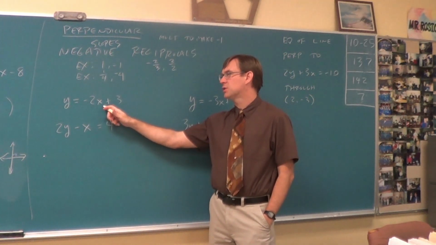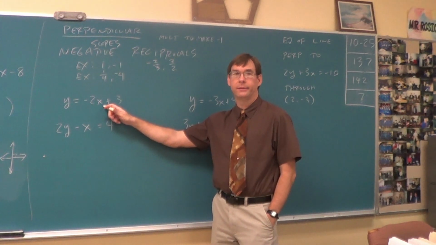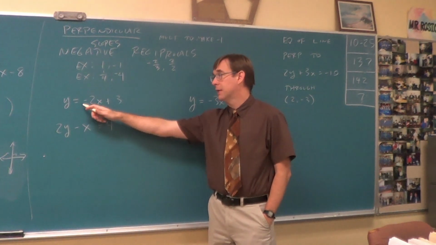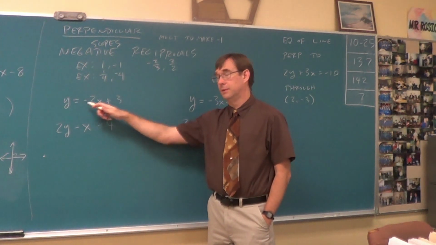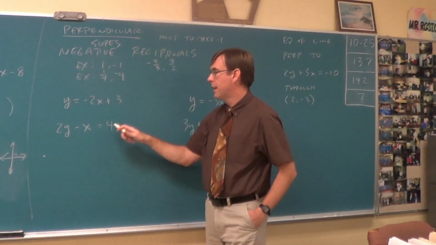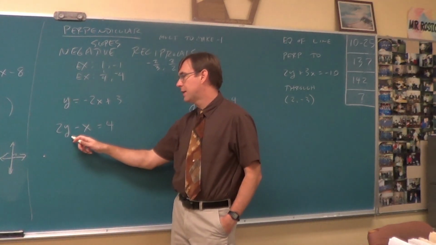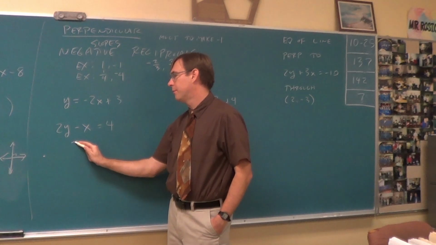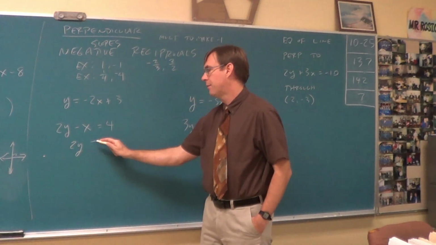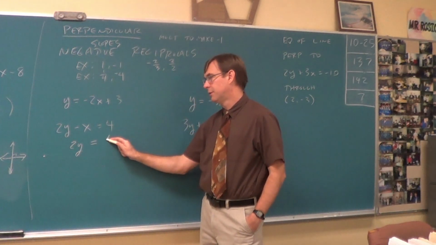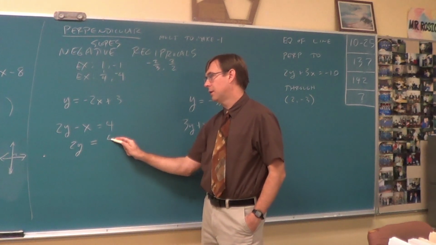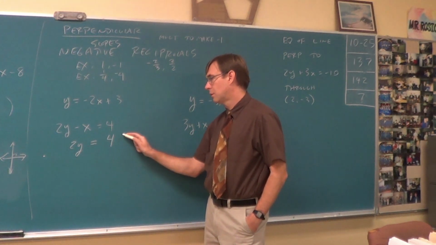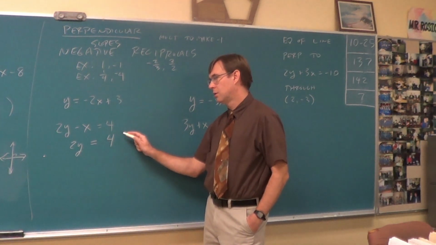So when we look at this equation, are we happy or mad? Happy, because it's in slope intercept form already. This one we're a little grouchy because it's not in slope intercept form. To get it in slope intercept form, you'd put positive x plus 4.